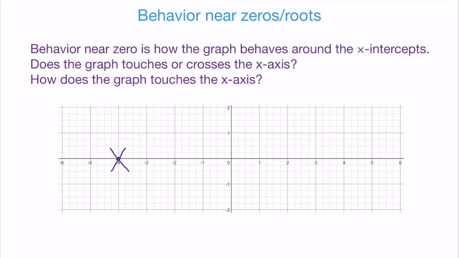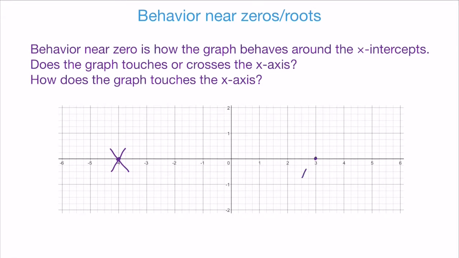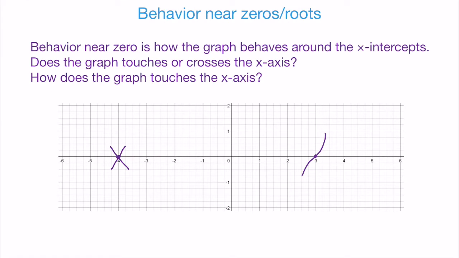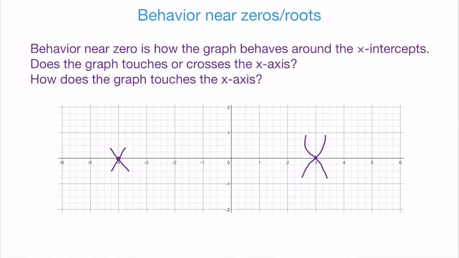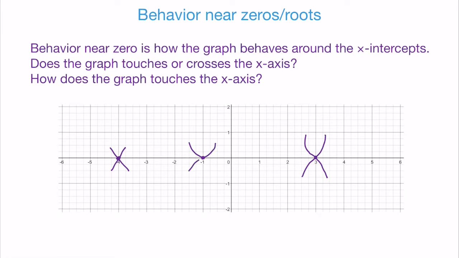If the graph crosses at 3, suppose, is the graph crossing like a cubic, or like a reflected cubic? If the graph is touching the x-axis, suppose it touches at -1, is it touching like a parabola opening up, or like a parabola opening down? That is what we have to learn.